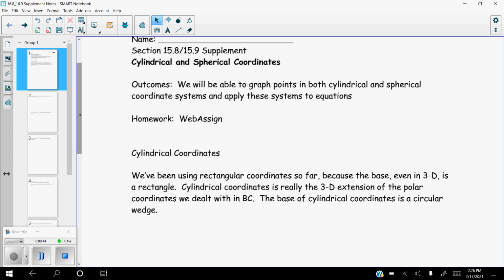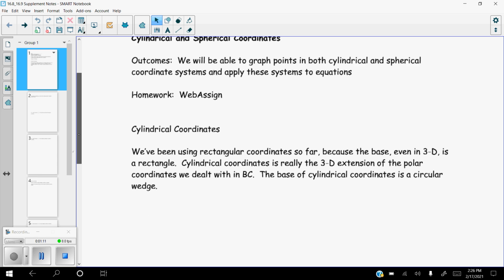We took something in your typical Cartesian or rectangular coordinate plane, and we also learned how to do it in polar, which was based upon circles and angles. Well, this is just an extension of that in 3 dimensions. So we're going to be able to graph points in both cylindrical and spherical coordinate systems and then apply those systems to equations. So let's talk first of all about cylindrical.